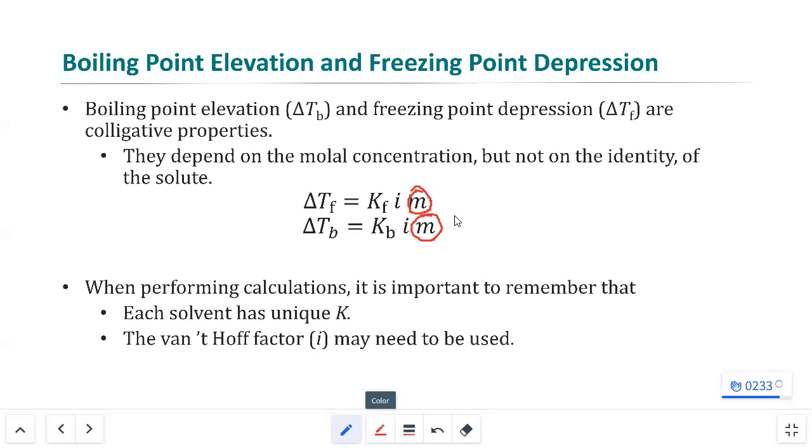We're talking about total concentration. So I do need to consider the Van't Hoff factor i in these calculations as well. Remember, the Van't Hoff factor is that correction that we put on concentration if our solution gives us multiple particles per molecule, which we really look at in terms of if the substance is ionic, how many ions does it give us?